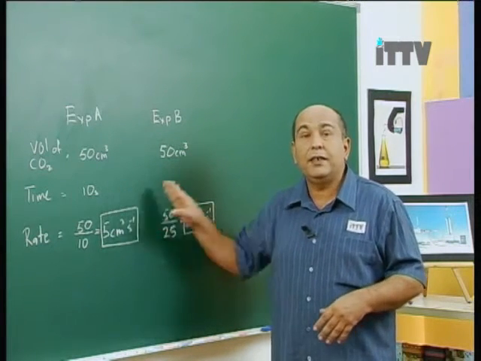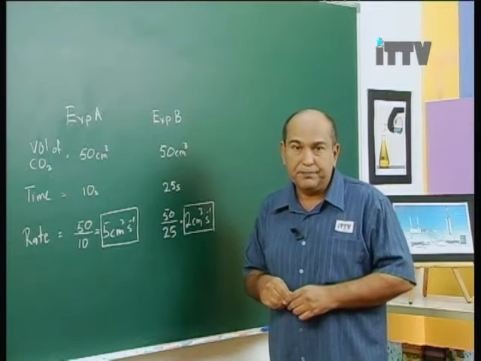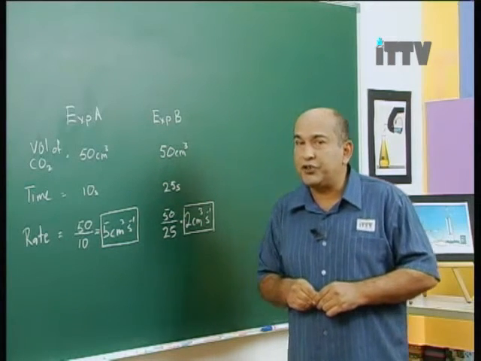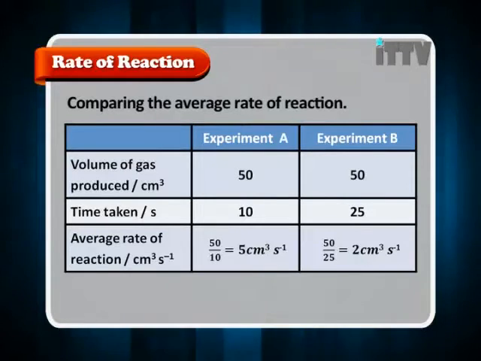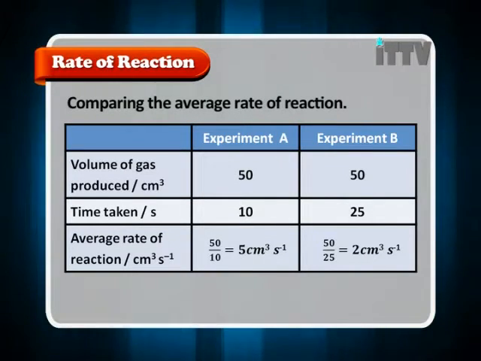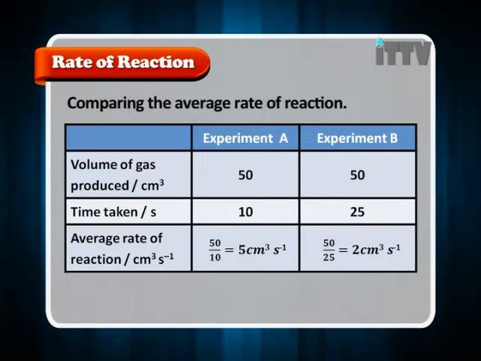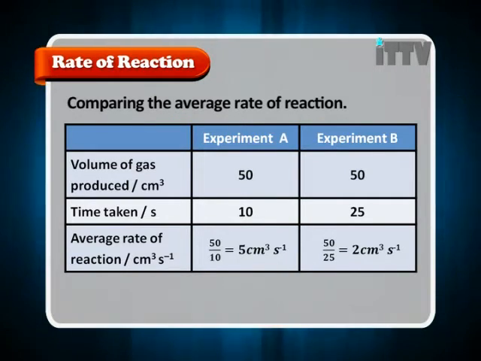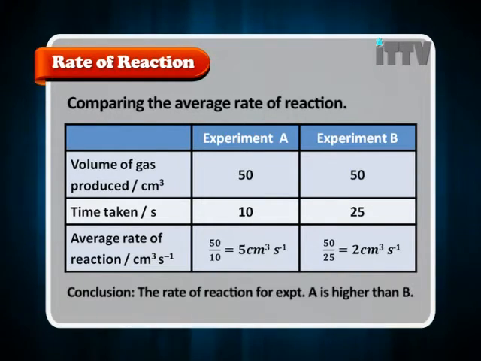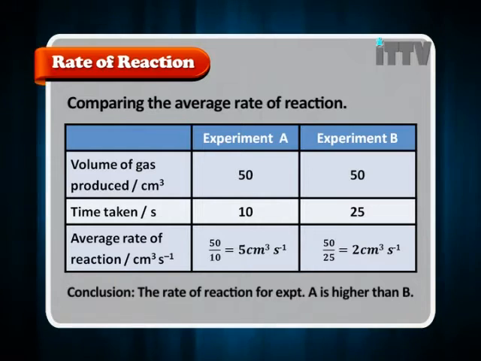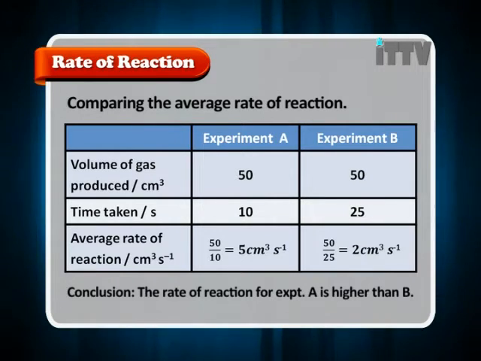Here much faster, here slower. Let's go back to the tabulation of data. The average rate of reaction for experiment A was 5 cm³ per second, and for experiment B it was 2 cm³ per second. So our conclusion, the rate of reaction for experiment A is higher than B.